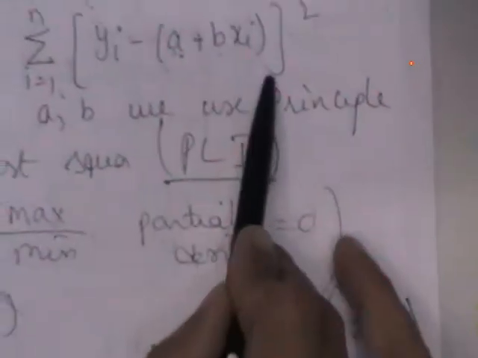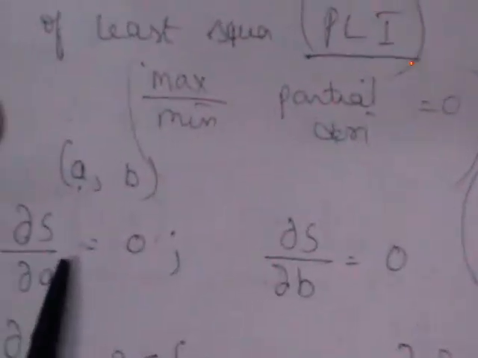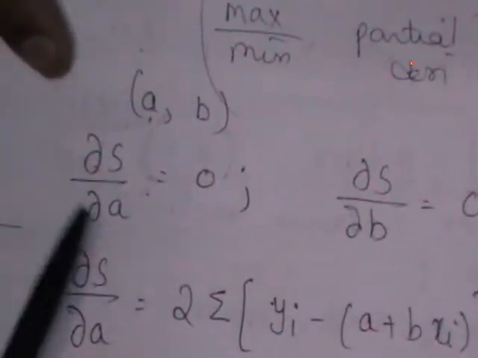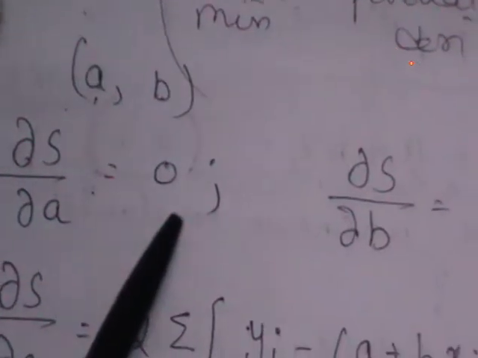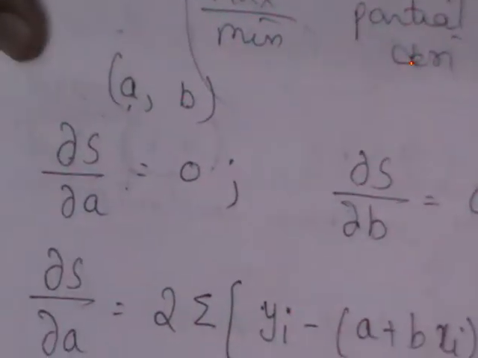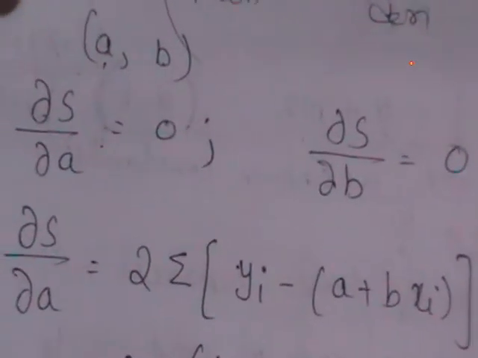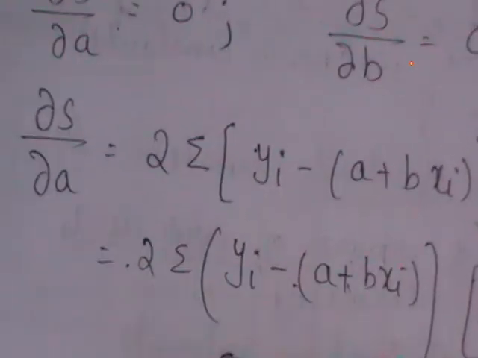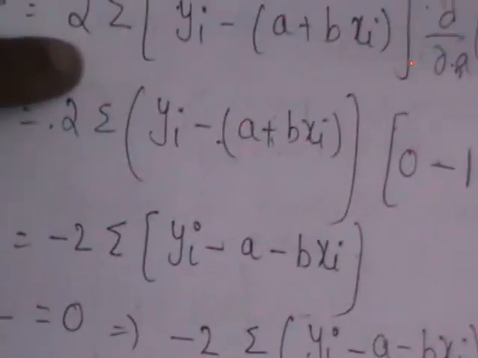To find out a, b, we use PLI. As you have two constants, you get two equations by differentiating with respect to a and equating it to 0, and by differentiating with respect to b and equating it to 0. This is a mathematical simplification, just go through this. After differentiating partially with respect to a and equating it to 0, I got one equation.